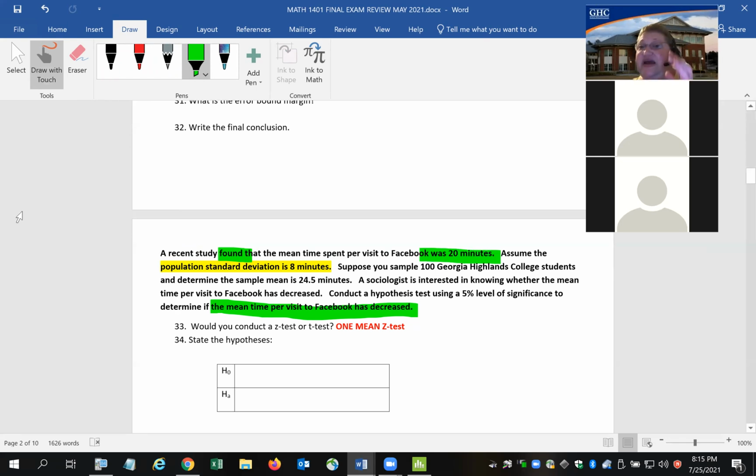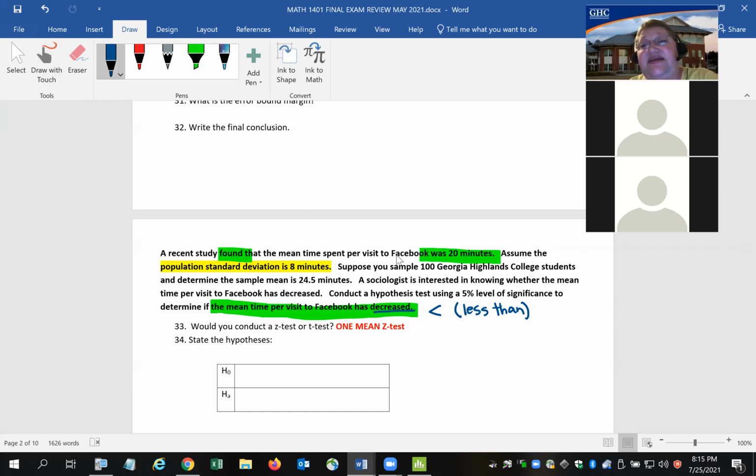Now you have to put that together, but the claim that we want to use is the mean time per visit to Facebook has decreased. I hope you realize that the word decrease would imply less than from a mathematical standpoint. If it's decreased, it's gotten smaller, or less than.